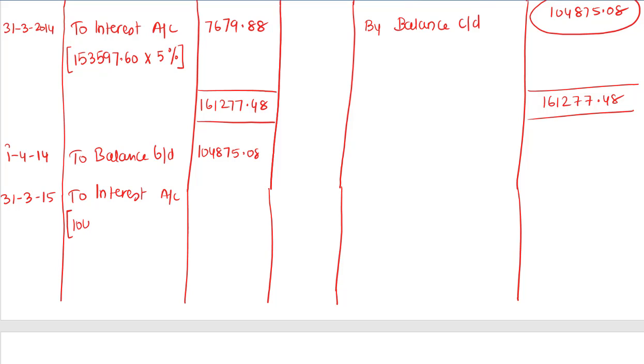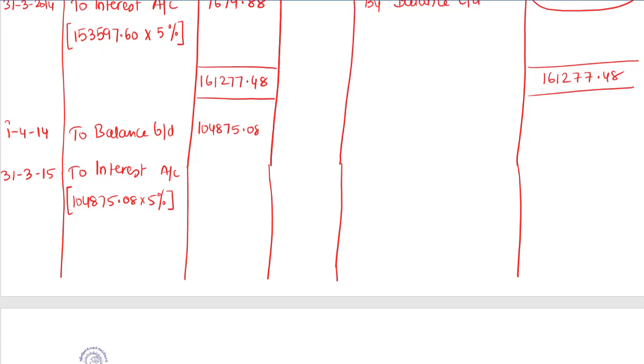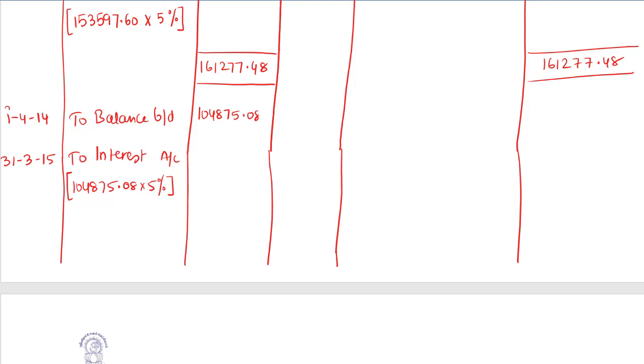So 104,875.08 multiplied by 5%, which is 5,243.75. Close it for the third year. 110,118.83.